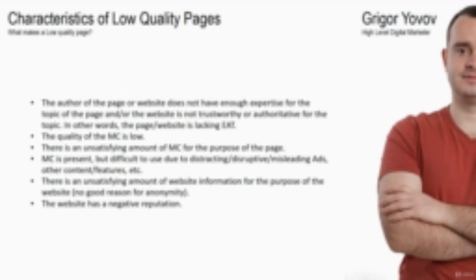These are: if the author of the page or website doesn't have enough expertise for the topic of the page, if the quality of the main content is low, if there is an unsatisfying amount of main content for the purpose of the page, or if the main content is presented but difficult to use due to distracting, disruptive, misleading ads, other content, features, etc., or if there is an unsatisfying amount of website information for the purpose of the website, no good reason for anonymity, and the website has a negative reputation.